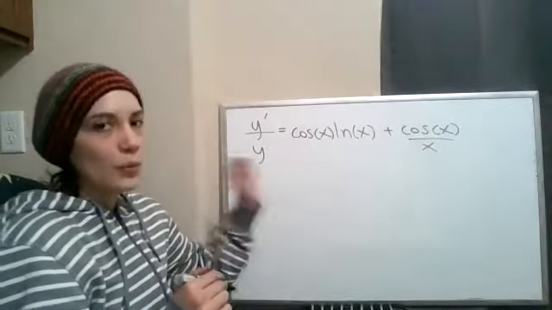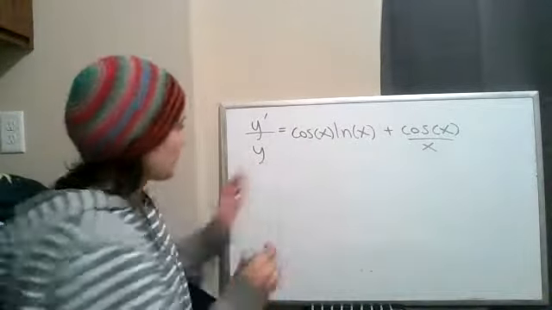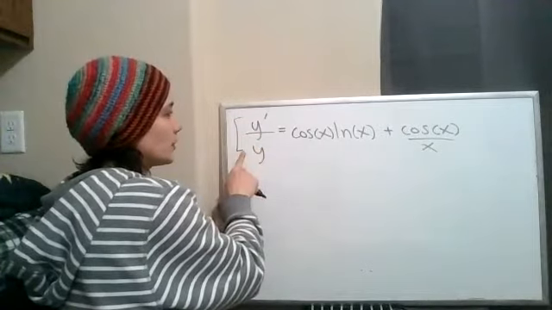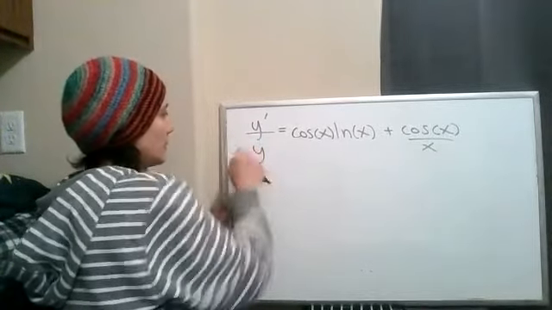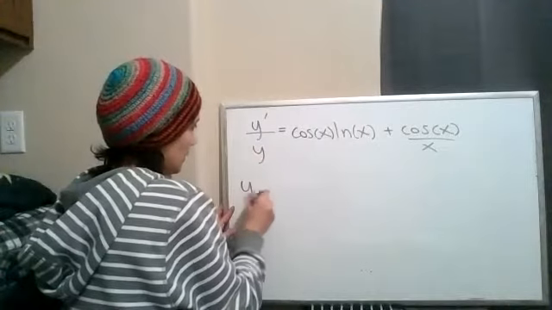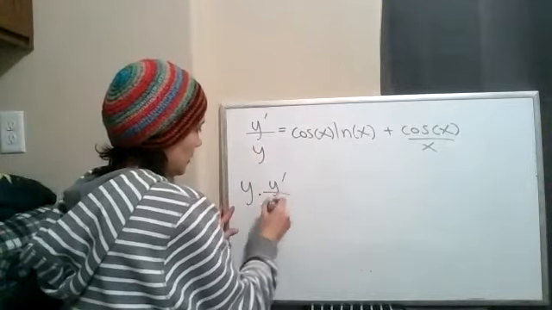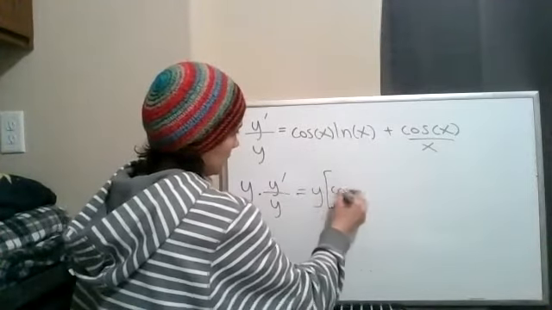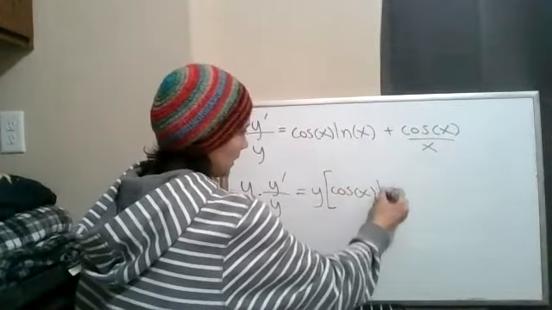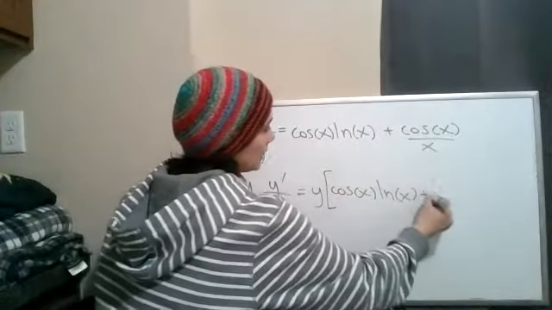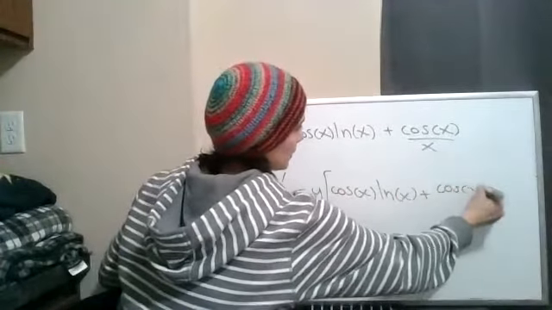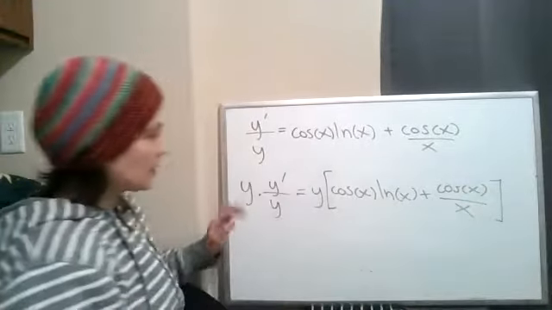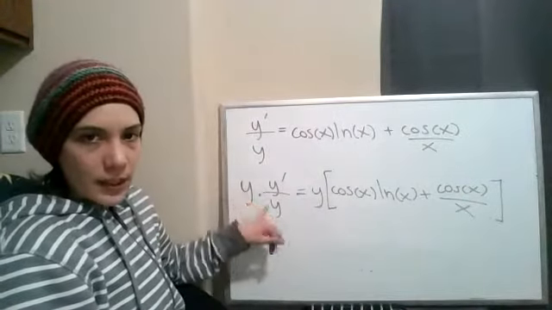Then multiply both sides by y. Okay, just rewrite all this. Cosine x over x. Okay, so this will leave y prime.